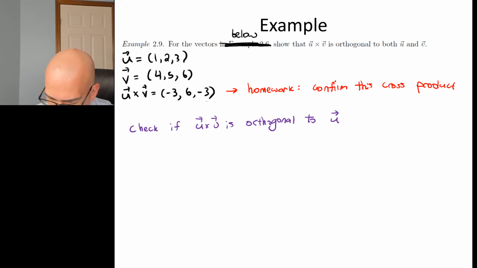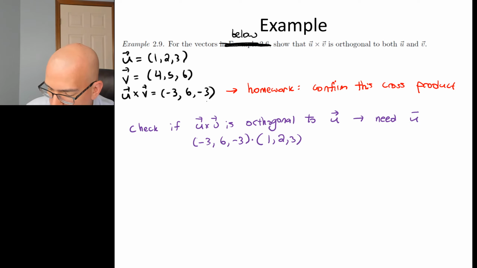So we're going to have negative 3, comma 6, comma negative 3 dot the vector u, 1, 2, 3, equals 0.